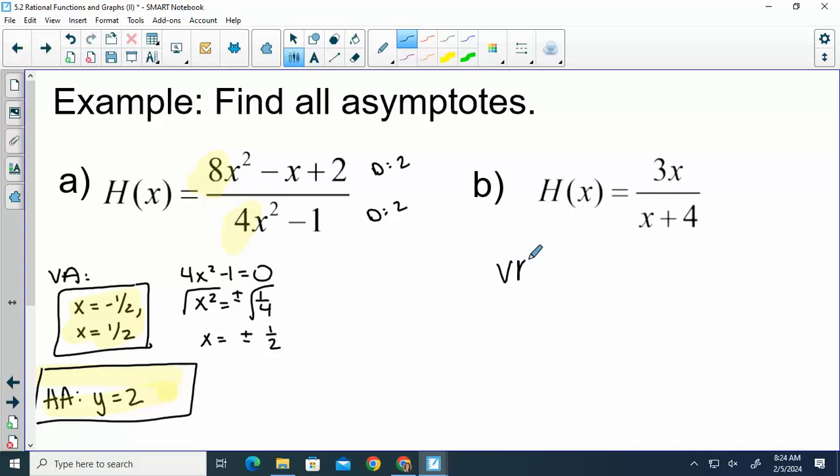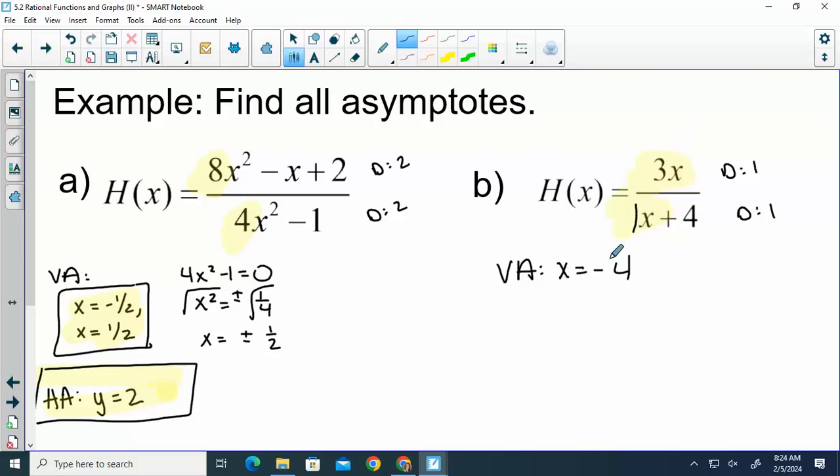Can you just look at that and tell me what your vertical asymptote would be? X equals negative 4. All right, to the side, horizontal or oblique, we look, what's the degree of the top? 1. And the bottom? 1. So if it's the same degree, the rule is we divide the leading coefficients.